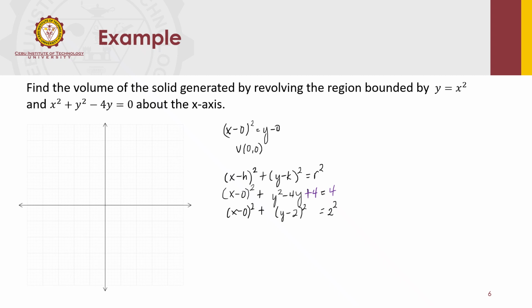So we can now locate the center of the circle at (h, k), so it's 0 and then 2. Radius is 2. And we get the points of intersection between the circle and parabola to know the region bounded by them.